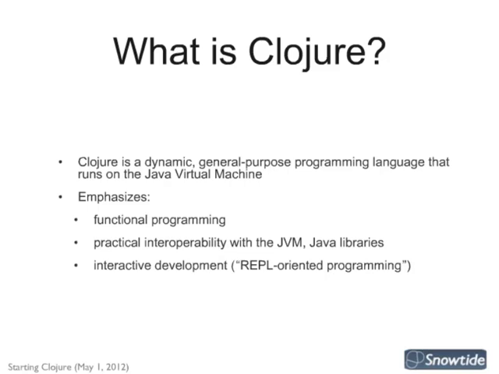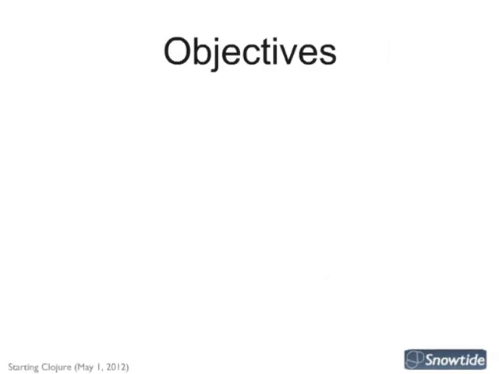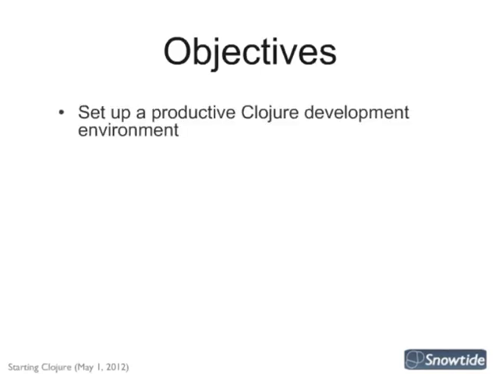So what we're going to do here, I'm not going to talk anymore about Clojure in the abstract. The bulk of this is going to be me sort of flying by the seat of my pants, building a Clojure web app from scratch. First, I'll walk through the steps that are required to set up a productive Clojure development environment. For myself, that means using Eclipse with the Clojure plugin called Counterclockwise.